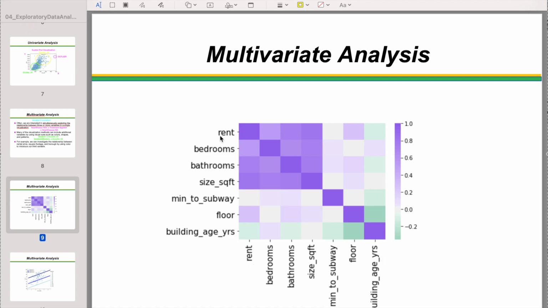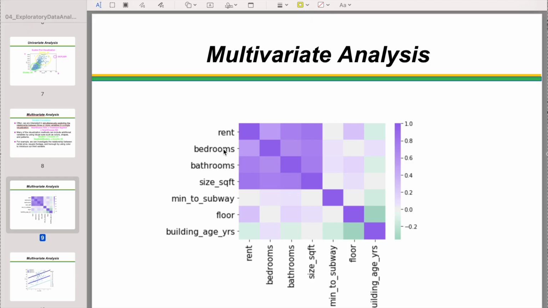Well, rent is the same thing as rent. So the difference between rent and rent is 0, because they're the same thing. That's why the diagonal is not used. All the diagonal values are equal to 1.